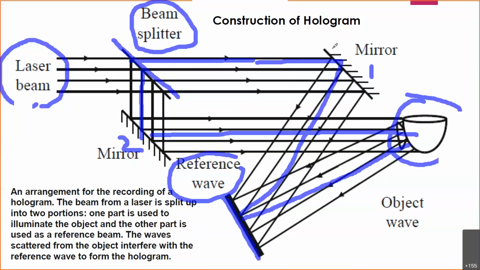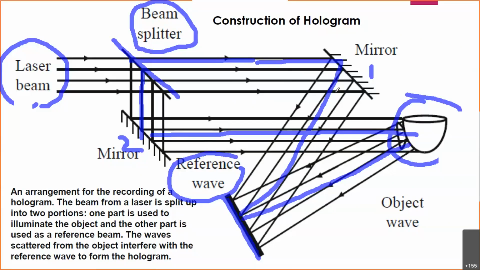So one wave comes from mirror 1 directly to the photographic plate, and another is reflected from mirror 2, goes to the object, is reflected again, and comes to the photographic plate. At this plane both these waves arrive and create interference.